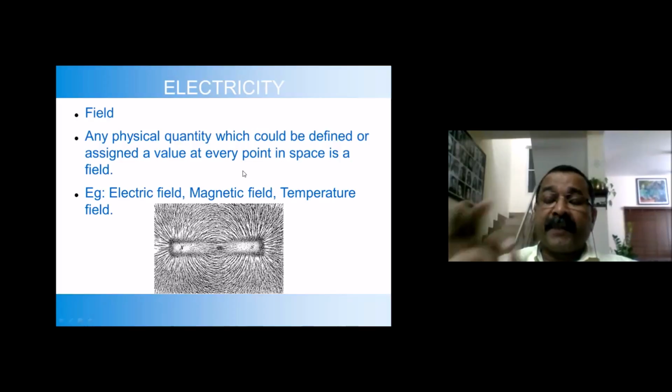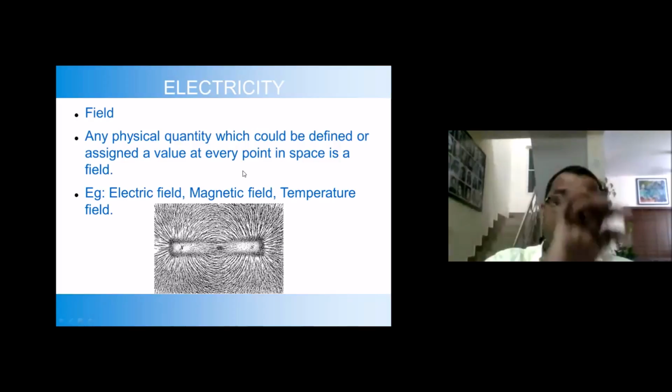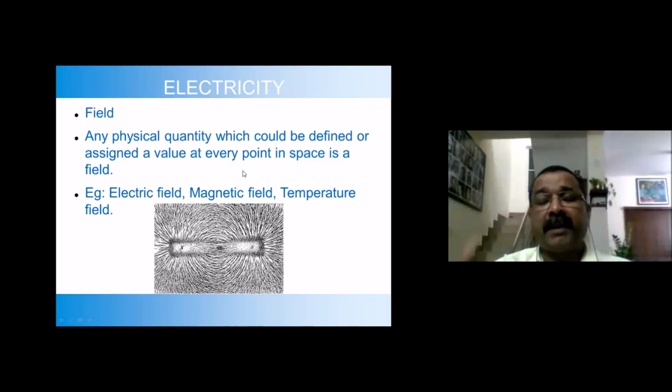So if a charge is there, around that charge, an influence of that charge is there away from that charge. That influence is what we call as field or electrical field.